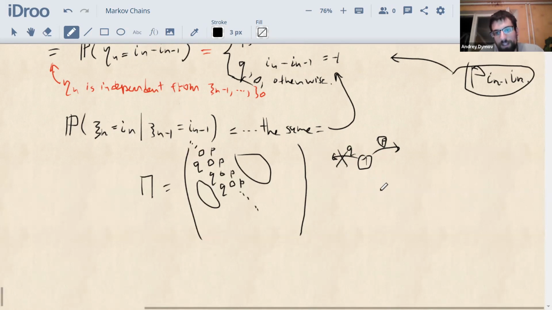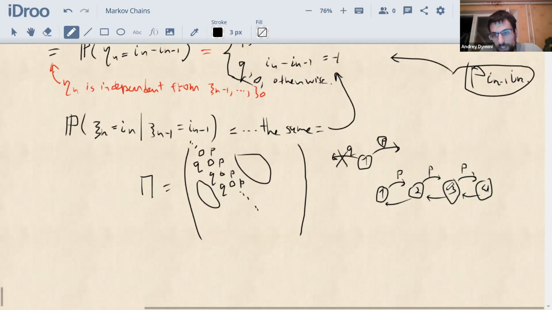Another possibility is that you can slightly change your transition probabilities at the boundary of this Markov chain.